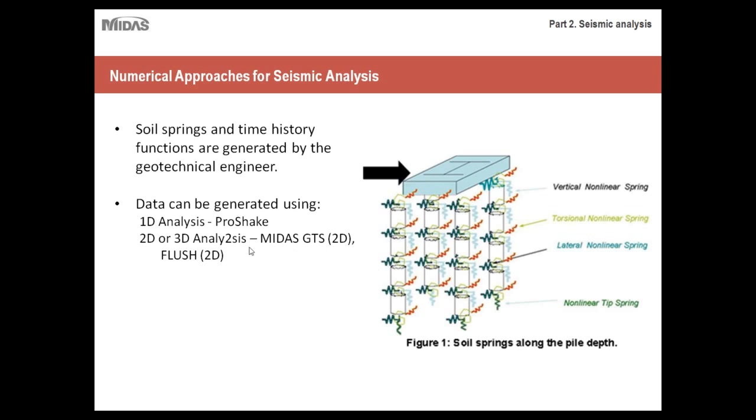Midas GTS and Flush 2D, as far as 2D and 3D analysis, these programs are both equipped to handle it. And then for typical analysis, you can use the free field method for soil interaction. That's just a calculation that's used to analyze the soil interaction during seismic analysis.